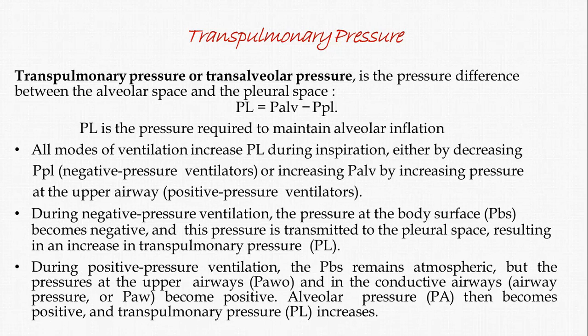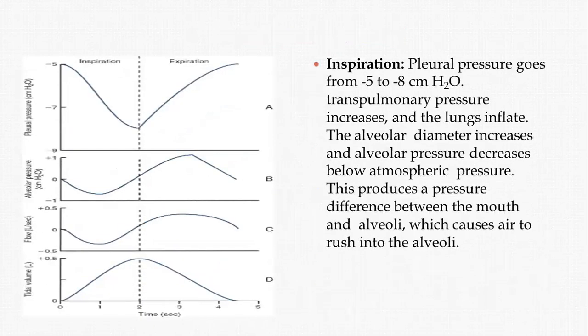So by either of these two mechanisms, what they are doing is increasing the transpulmonary pressure so that alveolar inflation is maintained, either by negative pressure ventilation by creating less negative pressure, or by positive pressure ventilation, by the upper airways remaining at atmospheric pressure. So this is how the transpulmonary pressure is maintained.